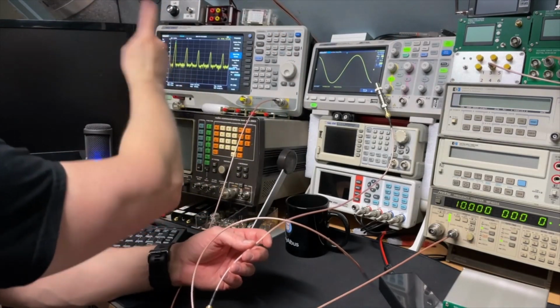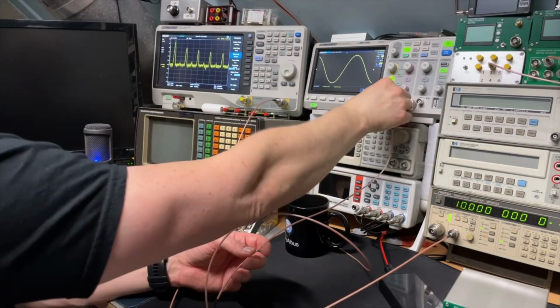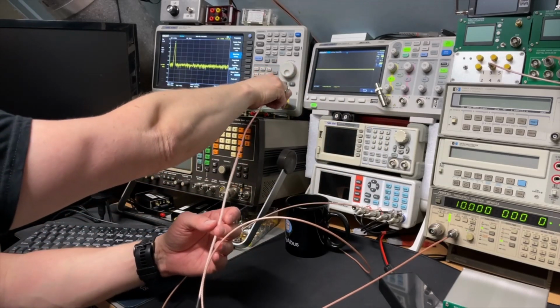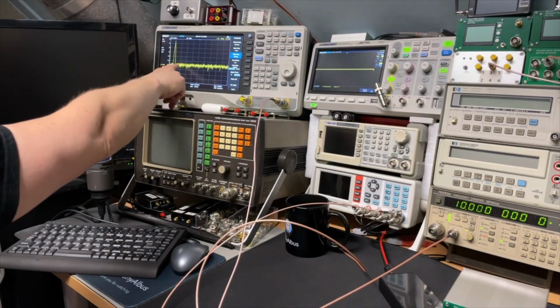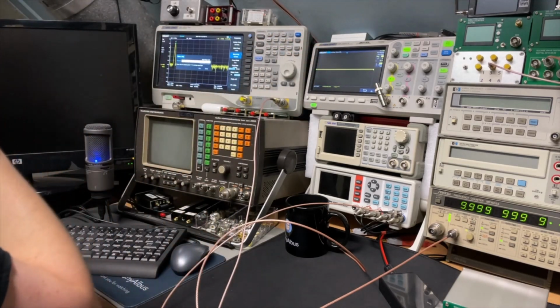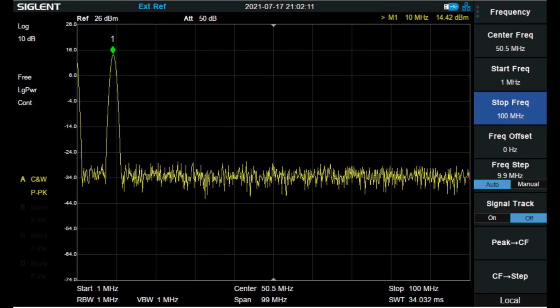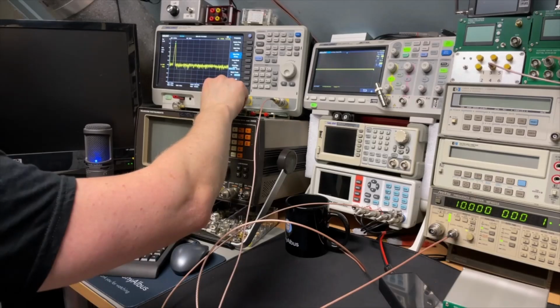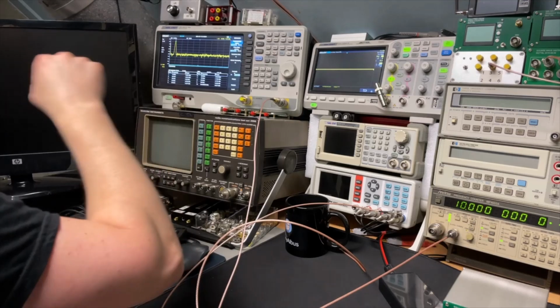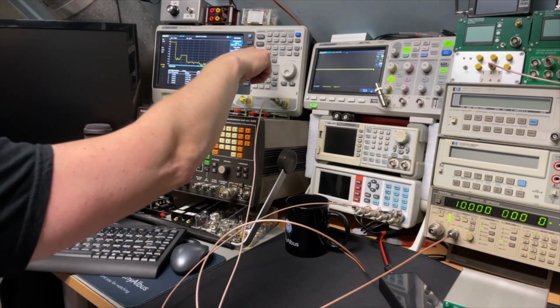But what is the difference on the spectrum analyzer? And as you can see, all the harmonics have disappeared. Let me save that. Let me again do that. Everything is gone.